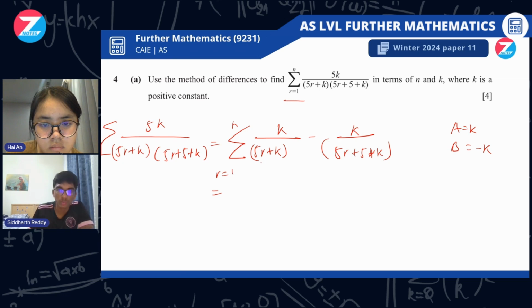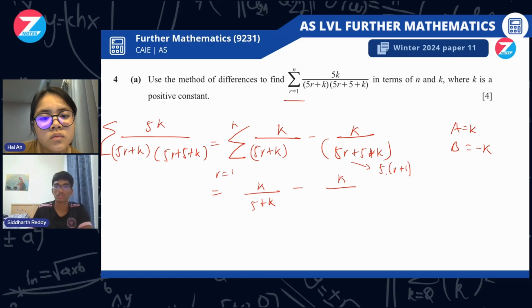Let's first substitute 1, and you'll notice that we start finding a pattern. So we have k by 5 into 1 plus k, which is just 5 plus k, minus k by 5r plus 5. So we can just write this part as 5 into r plus 1. So 5 into 1 plus 1, so it's 5 into 2, 10 plus k.